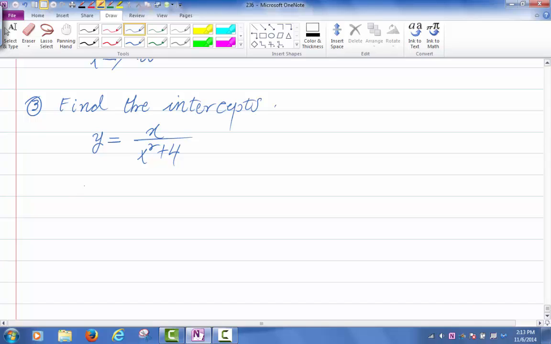In order to find the y-intercept, you are going to set x to be 0 and then solve for y. If x is 0, then y is 0.